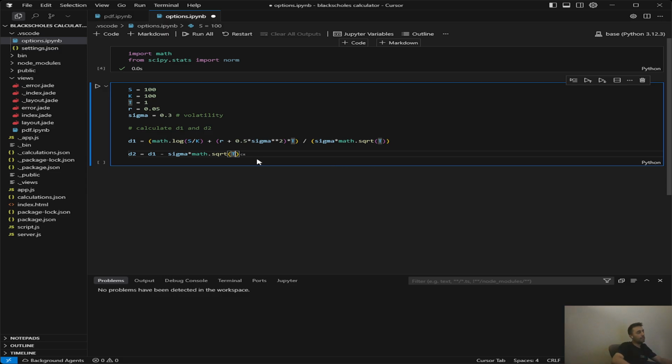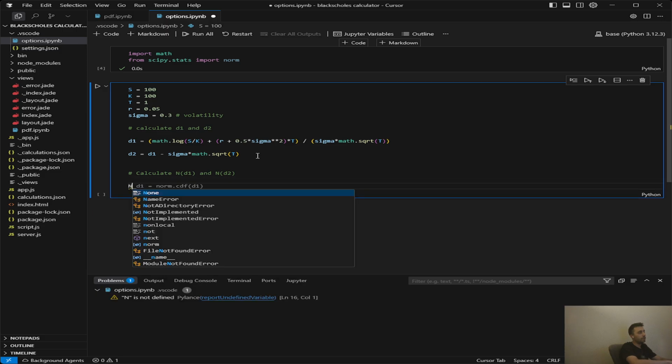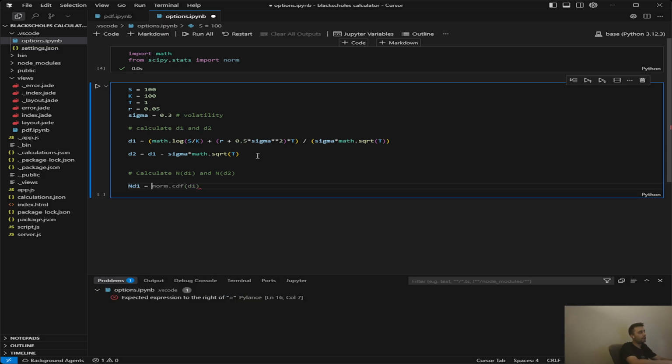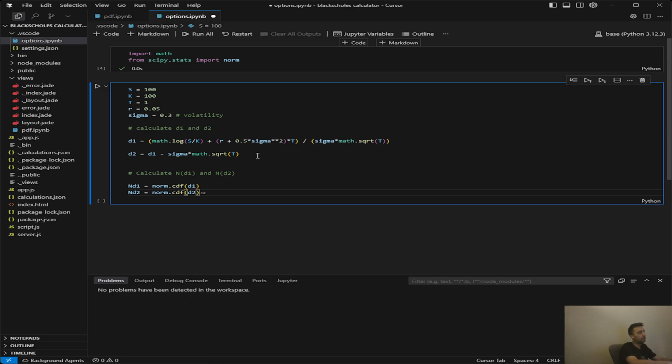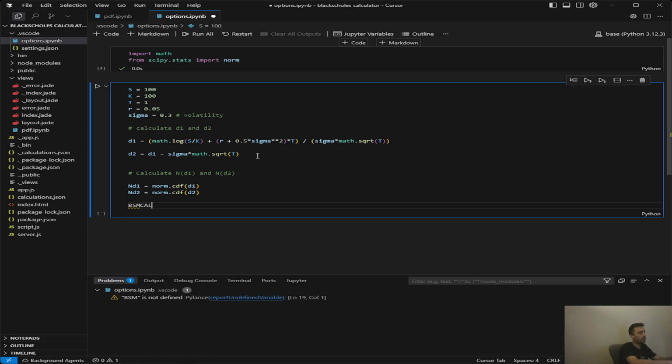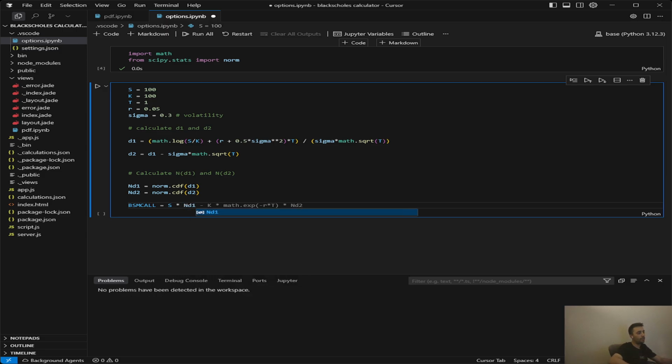We have to calculate d1 and d2. Then norm.cdf of d1 and norm.cdf of d2. So we have the BSM call as spot times N(d1). How do we know it?